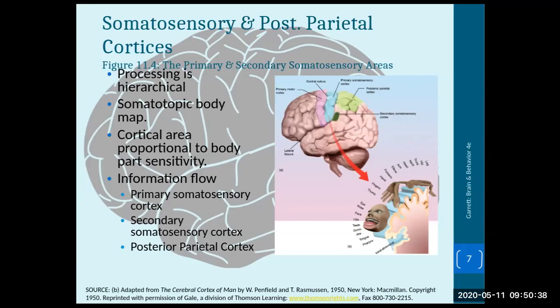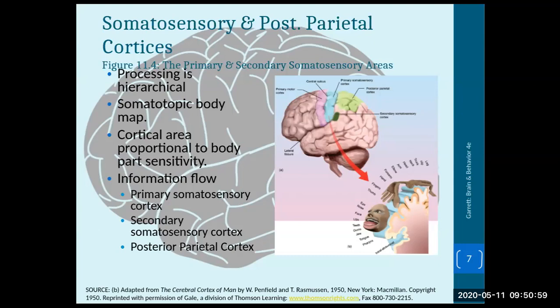So in the auditory system, we talked about the body making a tonotopic map. In the chapter on vision, we talked about a retinotopic map, from the retina to the visual cortex.